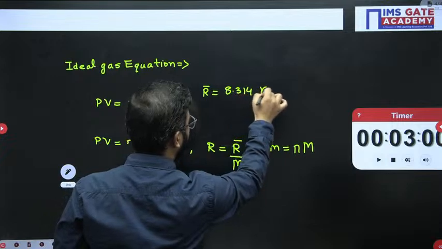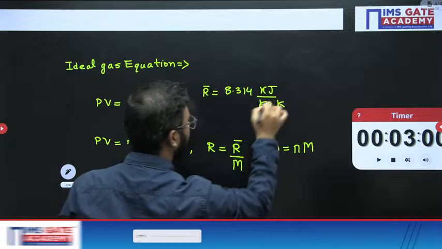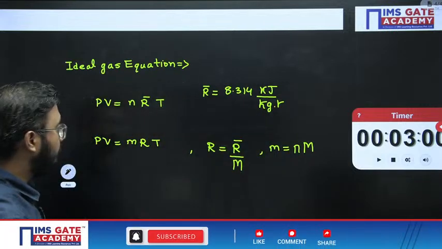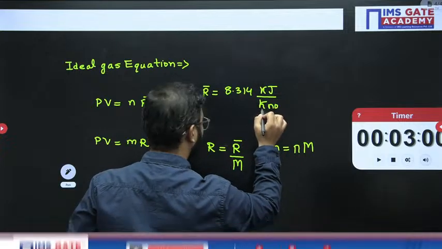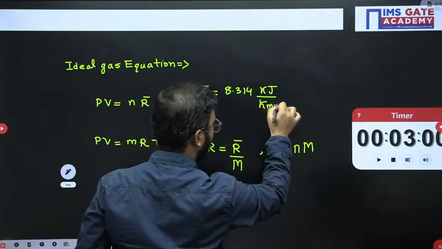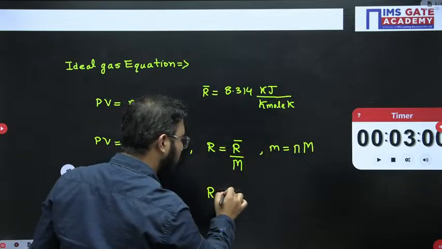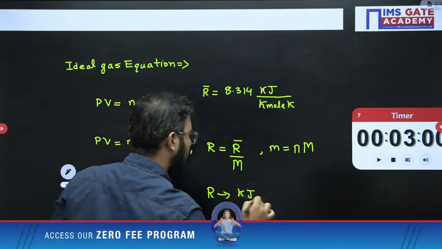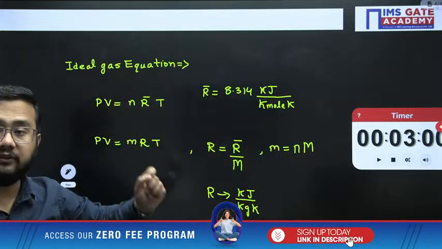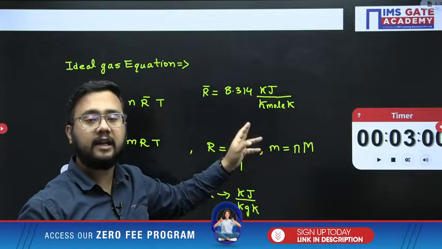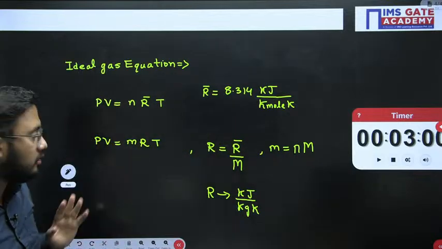It is 8.314 kilojoule per kilomole Kelvin. But for R, the unit is kilojoule per kg Kelvin. So R bar is 8.314 kilojoule per kilomole Kelvin, because here we are talking with respect to the number of moles, whereas for R we are talking about mass.